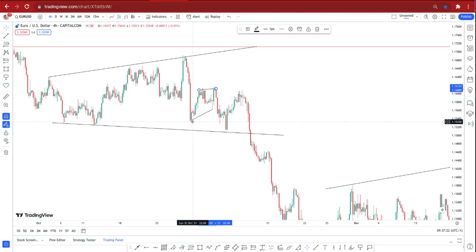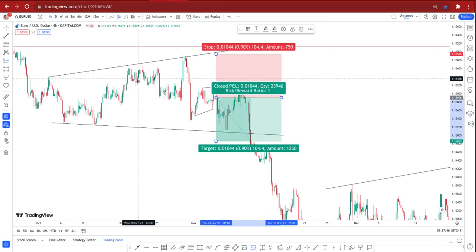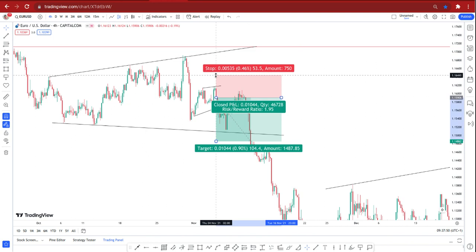So this is first touch, second touch. So look at this. I would have sold here. My stop loss will be above this. Let's say 45 pips.